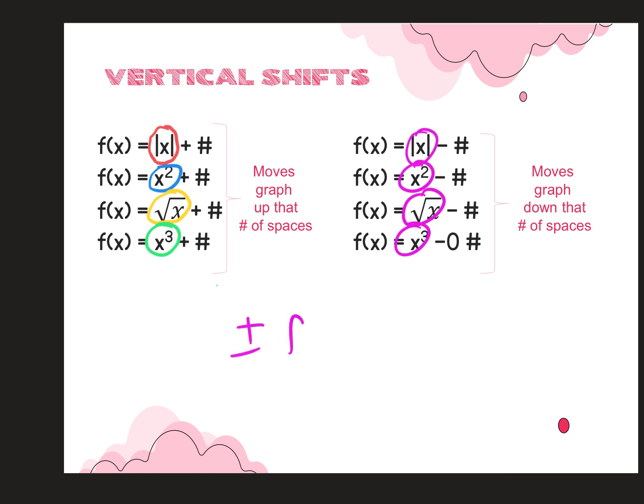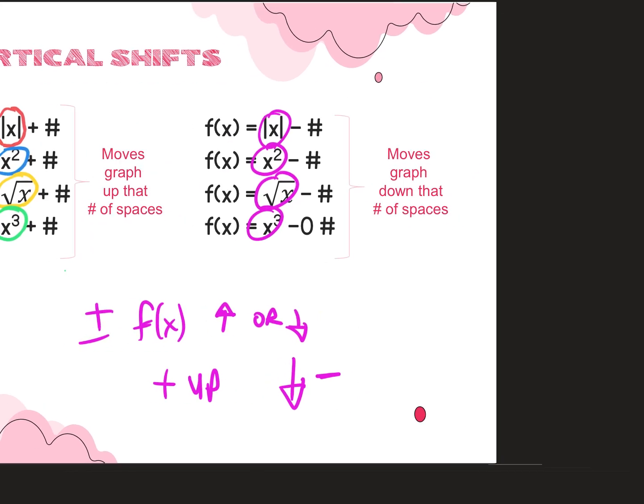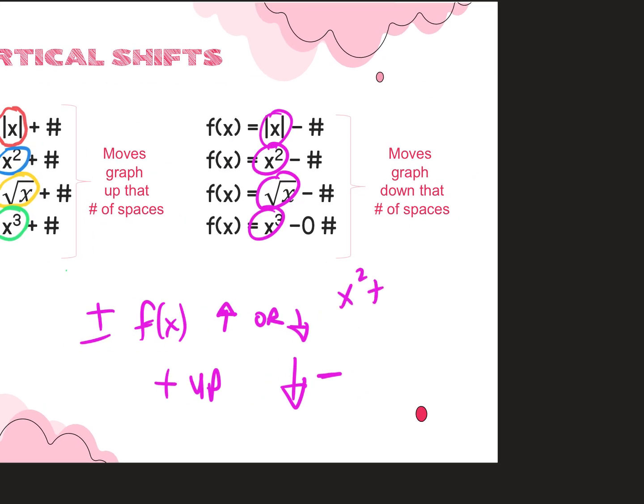Plus and minus the function moves the graph up or down. Now think about this. If it's plus, which way does the graph move? Up. If it's minus, which way does it move? Down, okay?